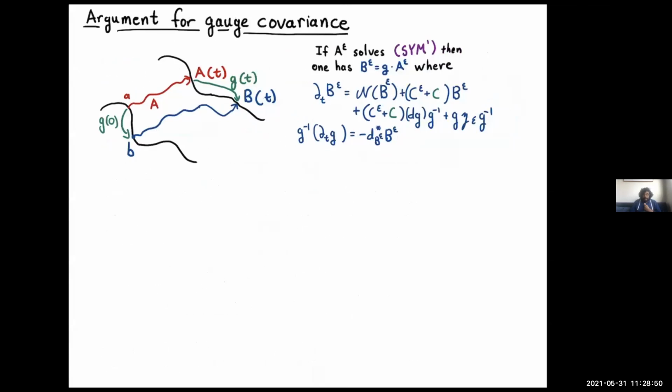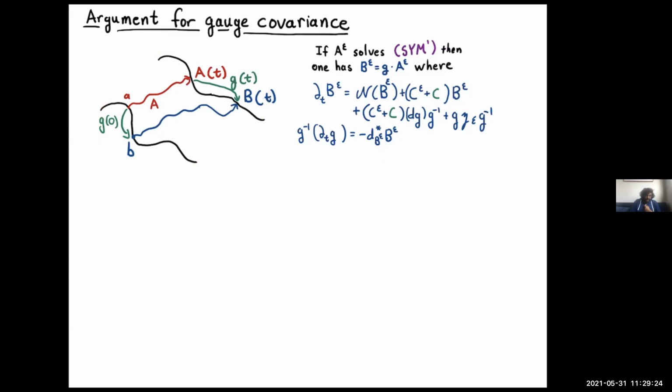If you're starting this dynamic from little a, you can define another dynamic given by an equation like this, which has the same form, but there are some correction terms due to the fact that this term is not gauge covariant, along with an evolving gauge transformation, such that this diagram commutes.